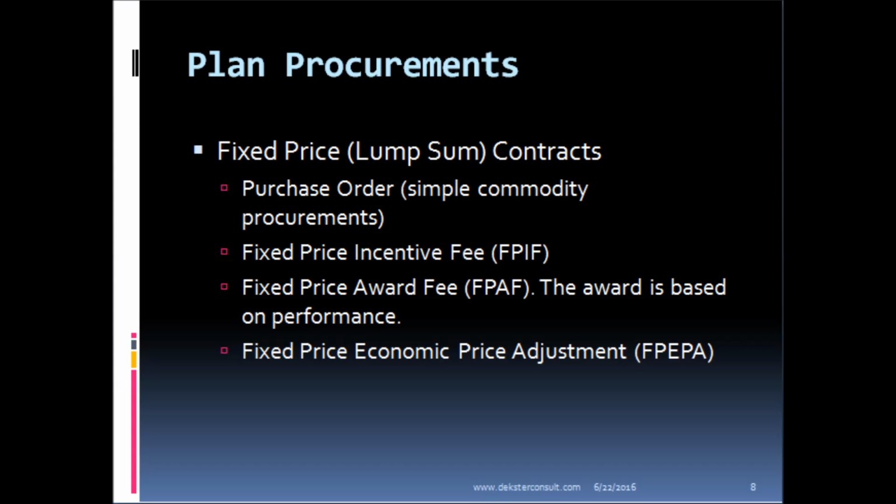We have a purchase order, we have a fixed price incentive fee, we have a fixed price award fee, and then we have a fixed price economic price adjustment. That will be for contracts that span a number of years where we know economic conditions will not remain the same, and so we introduce a certain clause to cater for the economic variations that could affect pricing.